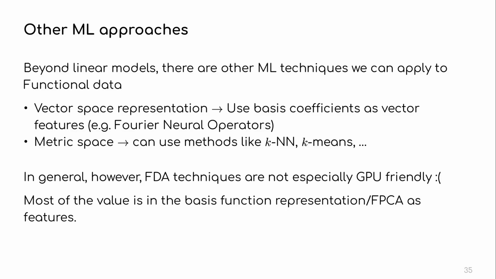So I don't expect you'll see a lot of high-level functional data techniques in deep learning, but at least as an input feature, using the basis function representation or FPCA as a nice condensed feature is probably going to be useful for a bunch of problems. Obviously not in every problem, but worth trying, I think.